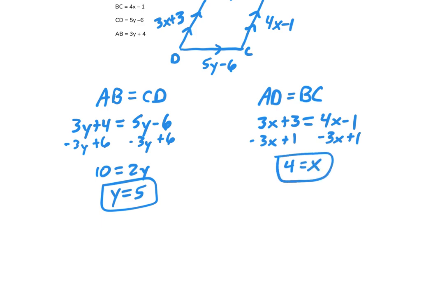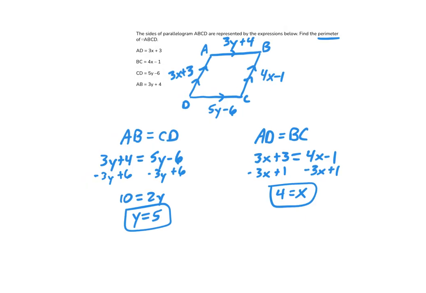And we get x equals 4. Okay, and we've seen this and talked about it a lot. Sometimes it'll say solve for x and y, and we could be done at this point. But this one's asking us to take it a little bit further, okay? And it's not even asking us what the length of the sides are. It's asking us what the perimeter of the entire figure is going to be.